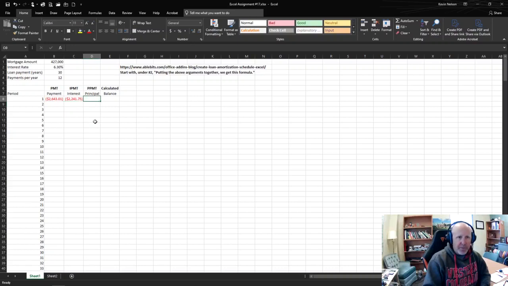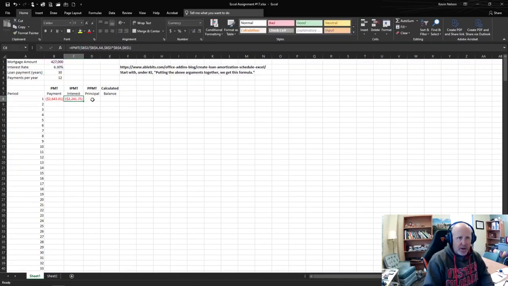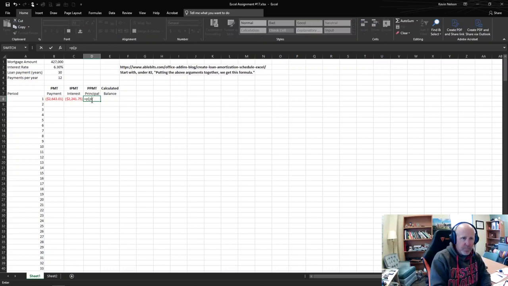The principal payment, the formula, all of this where we're multiplying and dividing and putting stuff in, is identical to what we did for the interest payment. It just needs to be the equal PPMT.